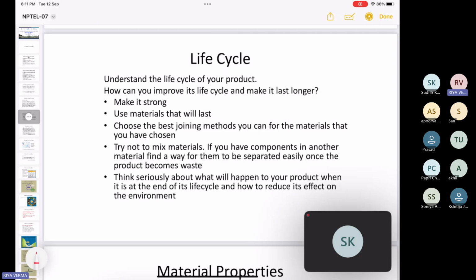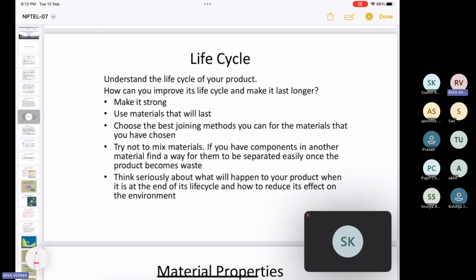And try not to mix the materials. Basically, whenever designing a product, we should try to use simpler materials and try to use a single material, so that during the recycling phase it is much easier to send that product into the recycling unit.